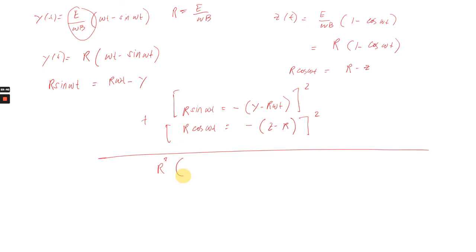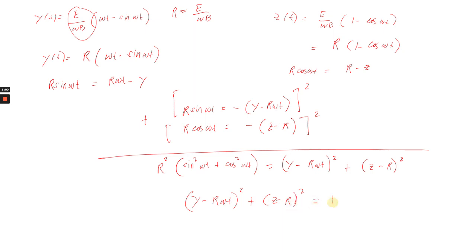So we have sine squared omega t plus cosine squared omega t equals y minus r omega t squared plus z minus r squared. Take note, sine squared plus cosine squared equals 1. It would be y minus r omega t squared plus z minus r squared is equal to r squared.